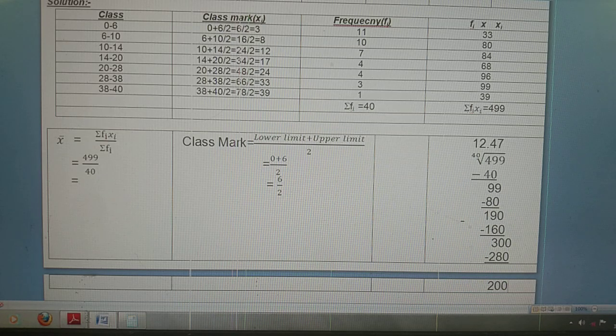Now we'll write one more 0. It will be 200. So 40 times 5 is 200.